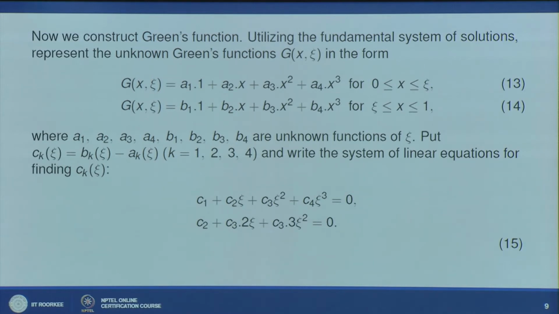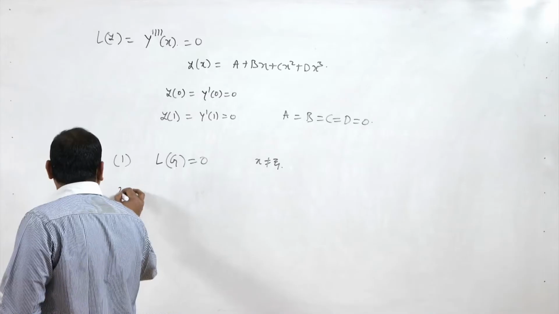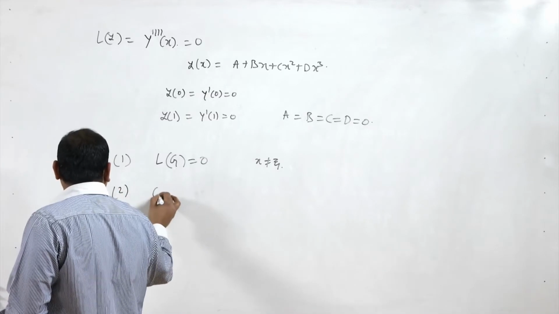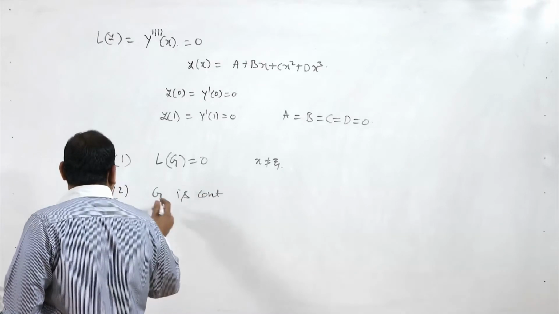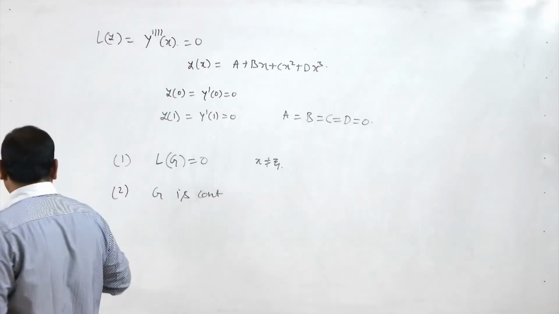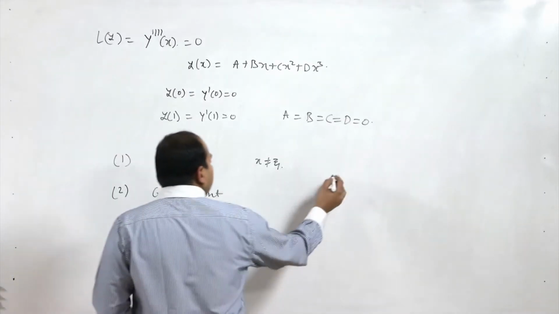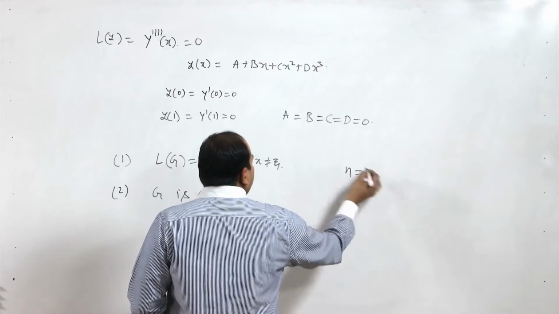If you look at the conditions, G is continuous, and not only G: the (n minus 2)th derivative of G is going to be continuous here. In this case n is 4.